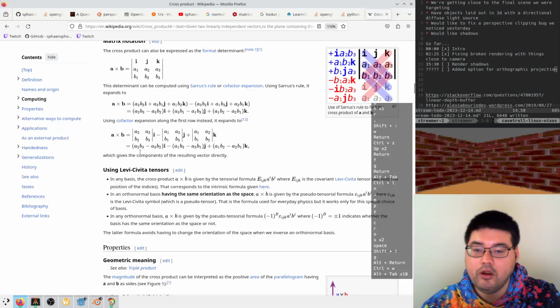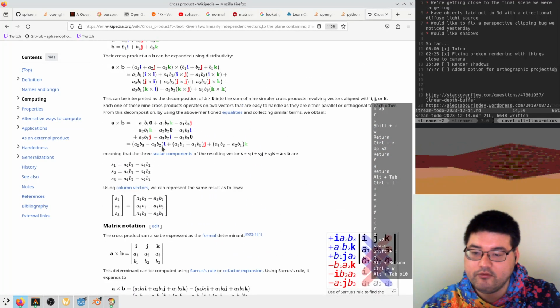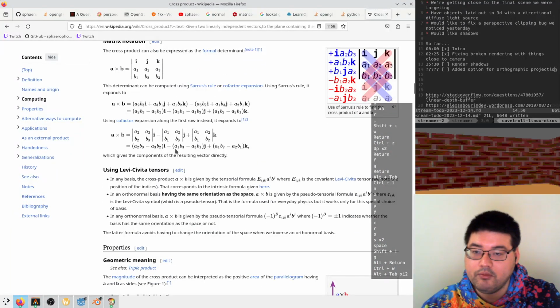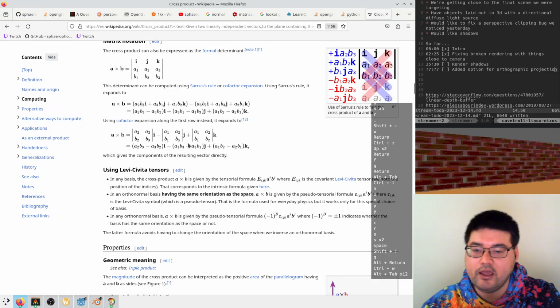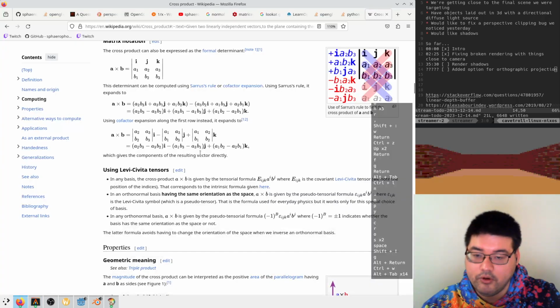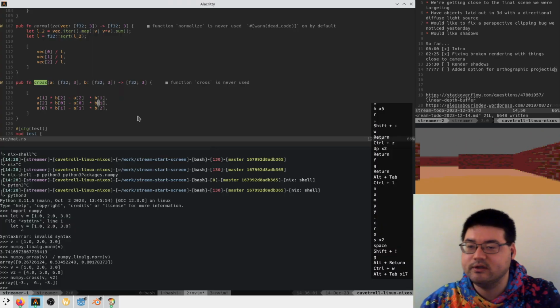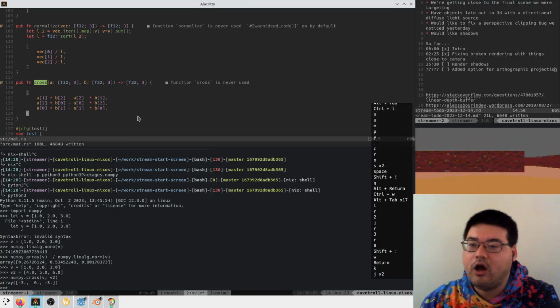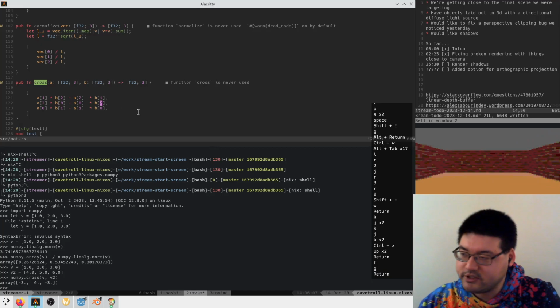Oh, the second one is supposed to be negative? A1, B3. Oh, yeah, no, so this is A3, B1 minus A... Oh, is this offset on these guys? Let's try that again. There we go. Messed up the indexes.